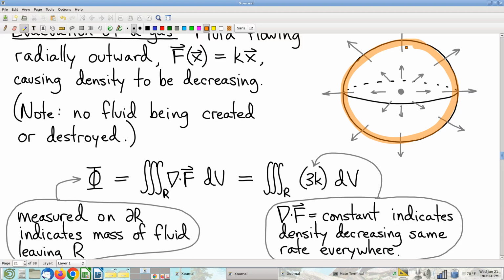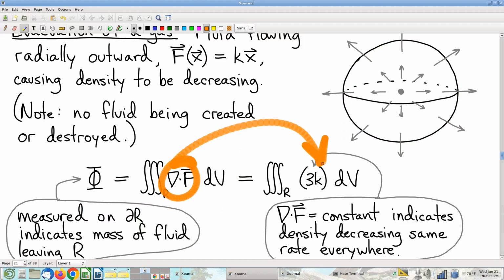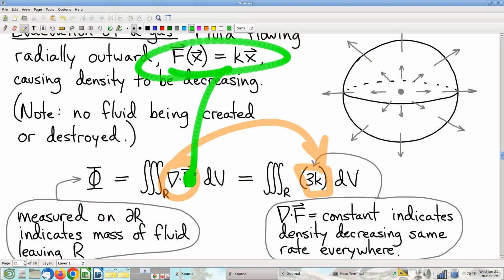And, well, here's the divergence theorem. Flux is the triple integral of divergence. And you can compute the divergence of this vector field without too much trouble. It's just a matter of writing it down, point being that it's constant.